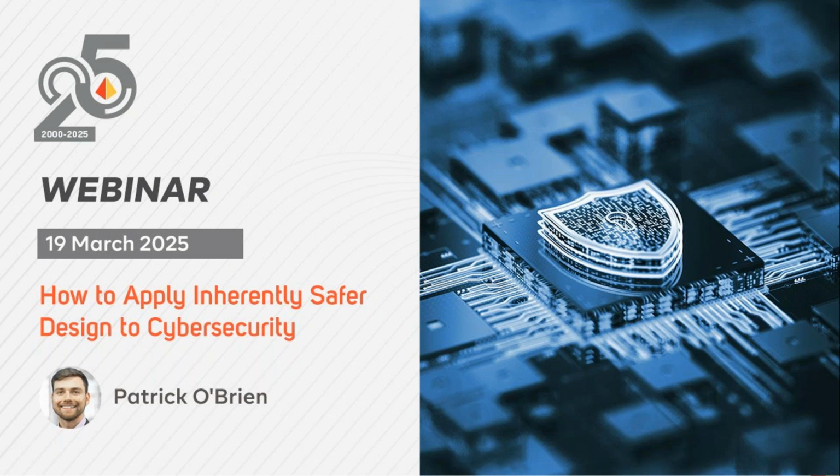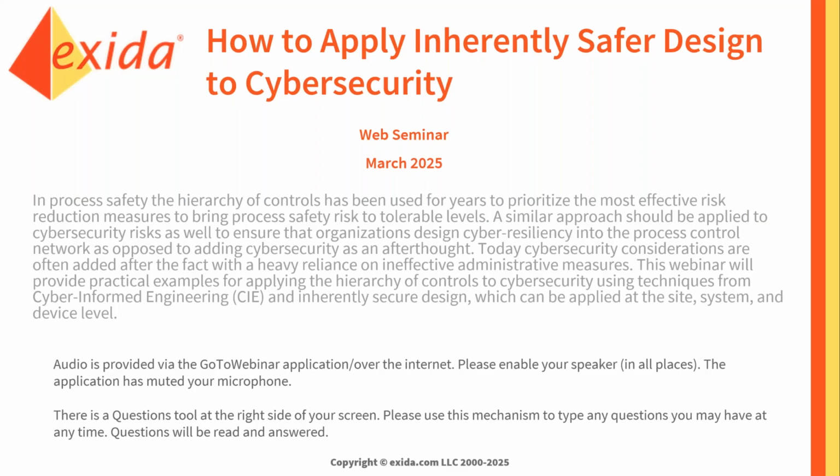I'm Patrick O'Brien, and we'll be taking a look at how to apply inherently safer design techniques to cybersecurity. We've seen that inherently safer design and the hierarchy of controls is something that's been used for a long time in process safety and other safety areas as well.